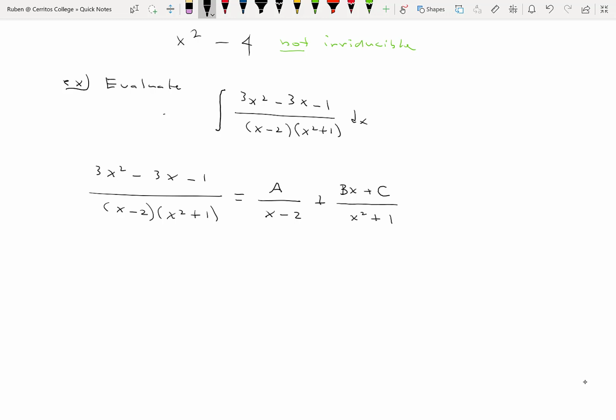Okay, let's find the constants a, b, and c using the same procedure as before. I'm going to multiply both sides by the least common denominator of x minus 2 times x squared plus 1.